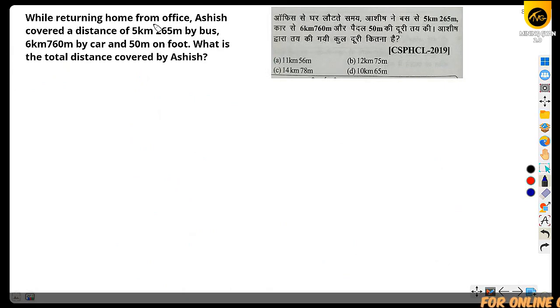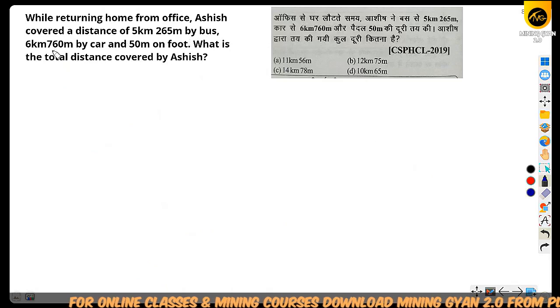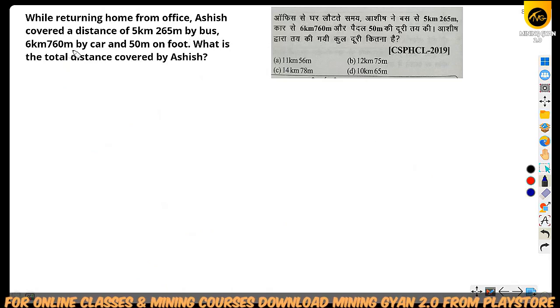While returning home from office, Ashish covered a distance of 5 kilometer 265 meter by bus, 6 kilometer 760 meter by car and 50 meter on foot. What is the total distance covered by Ashish? So this is basically a simple logical question. Just calculate the total distance.